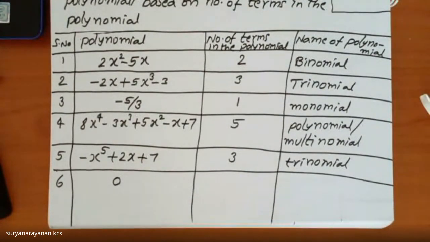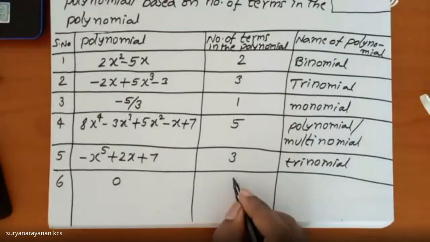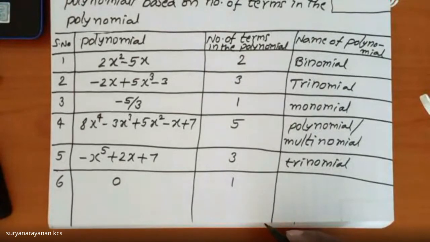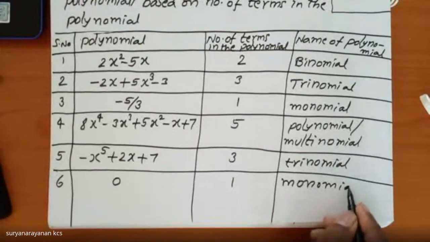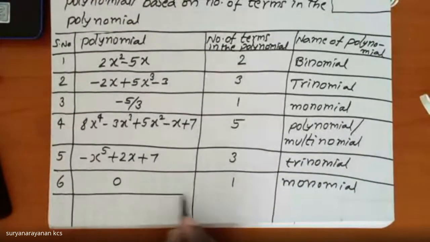How many terms are there in this polynomial? Sir, one. Only one term. What is this polynomial called? Sir, monomial. Yes, very good. And last example.